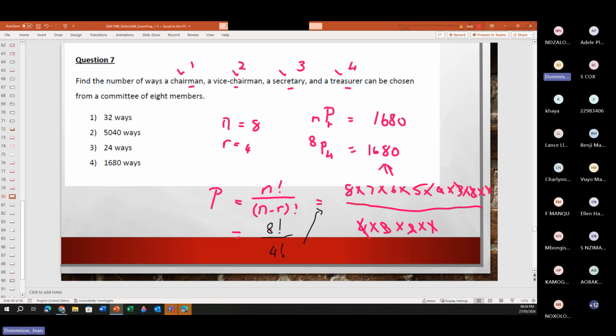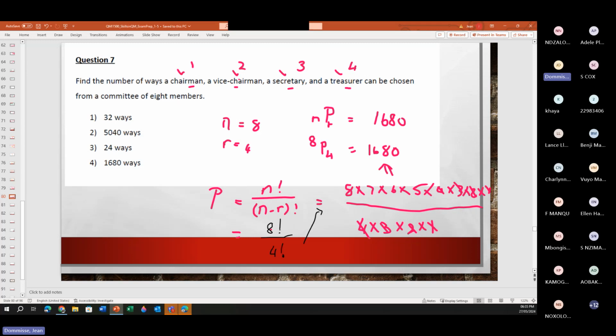Remember, there are 4 positions and 8 people, so it might be that I'm chairman all 8 times, and that process continues for all the other people as well. So the important thing with permutation is that there is some kind of order or ranking.